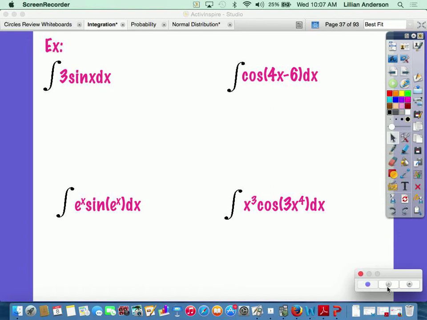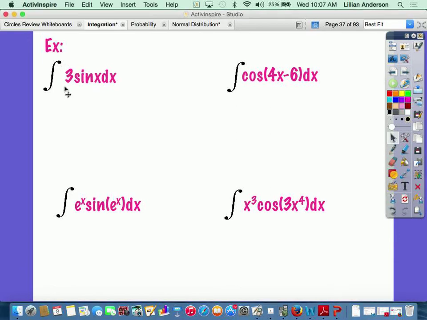So the first one, we have the integral of 3 sine x dx. Well, that 3 is nothing but a constant that we can do what to? Take it out. And then this is just very simple. The integral of sine x dx is negative cosine x.